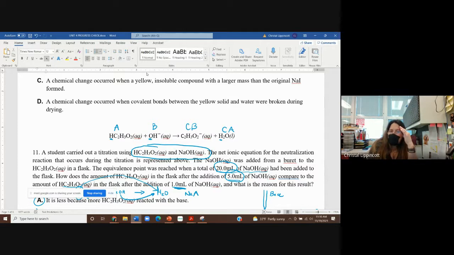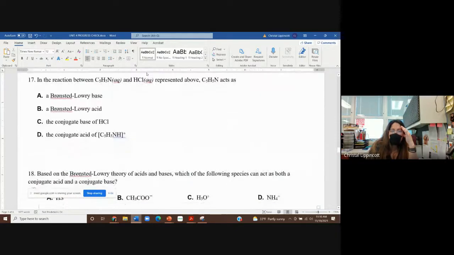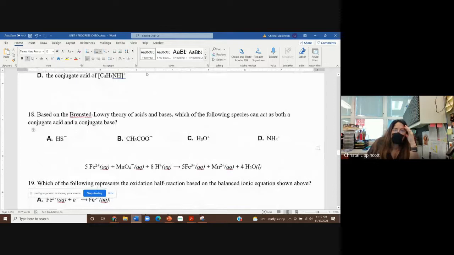Okay. So this could get another hydrogen and become H2S, or it could give another hydrogen away and become S2 minus. This guy could accept another hydrogen and become acetic acid, but he has no ability to give another hydrogen away.